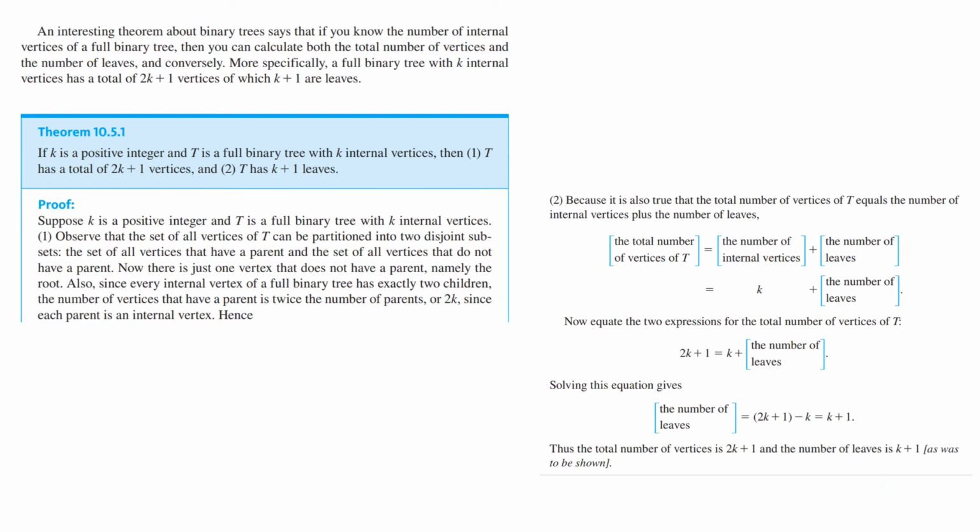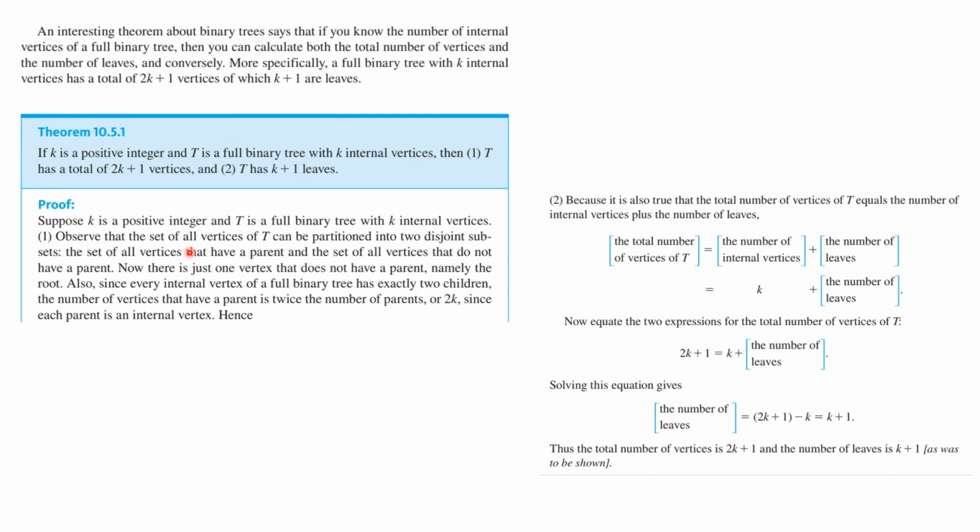We come then to a theorem that allows us to calculate the number of vertices and leaves in a full binary tree. The theorem is stated thus. If k is a positive integer and t is a full binary tree with k internal vertices, then t has a total of 2k plus 1 vertices. So suppose k is a positive integer and we have a full binary tree with k internal vertices.